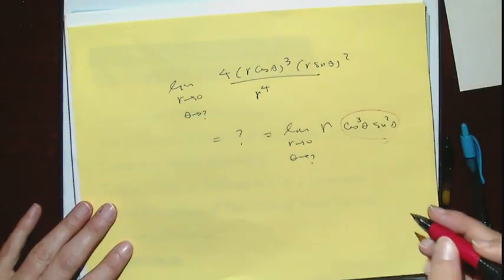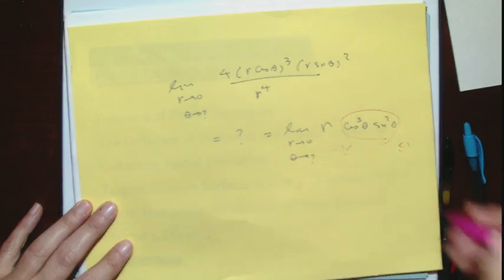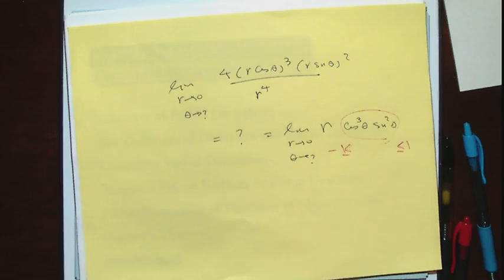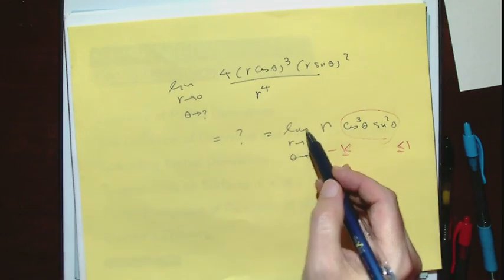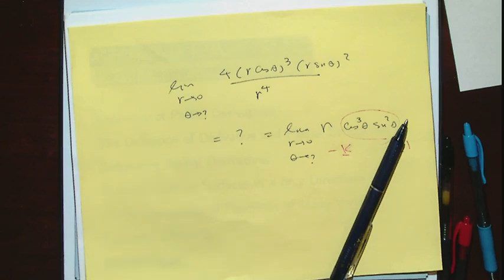What are the bounds? 1 and -1, right? So bounded times something that goes to 0, according to the squeeze theorem. What is that? Okay. 4. 3.